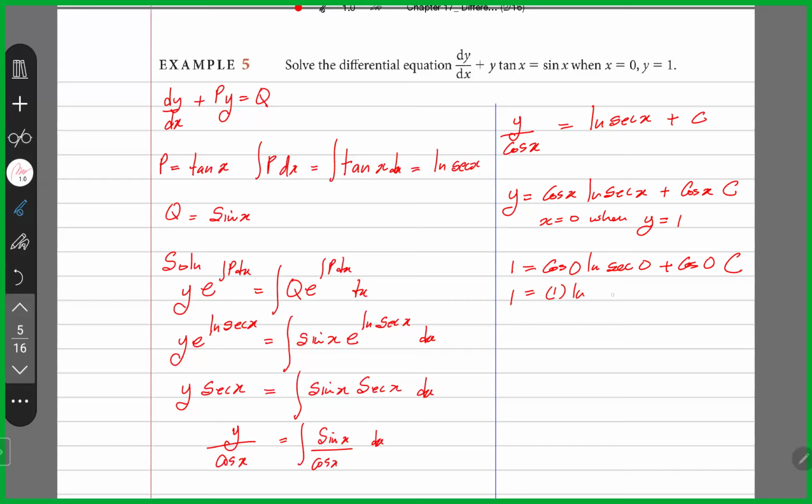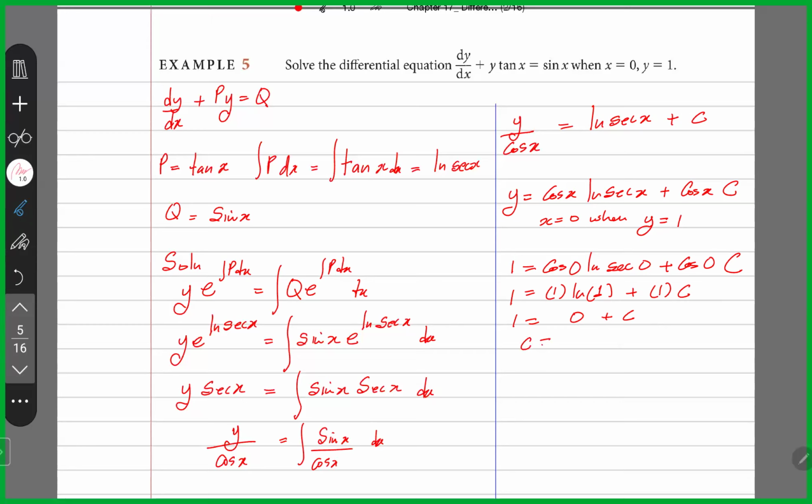Ln sec 0. I think sec 0 is also 1, plus 1 times c. But ln 1 is 0. So 1 would be equal to 0 plus c.